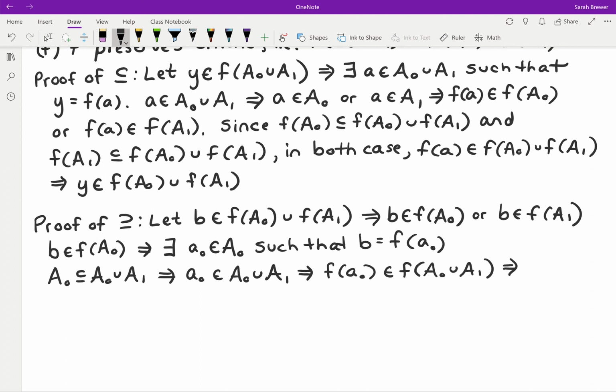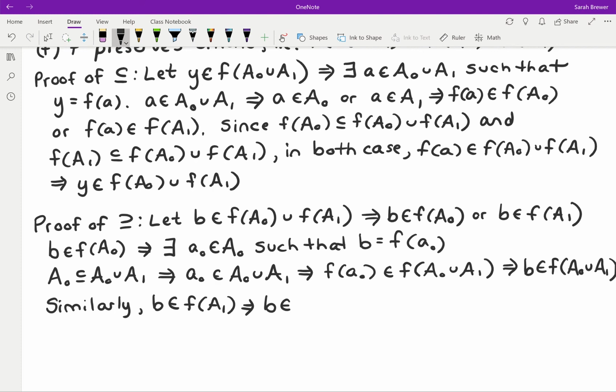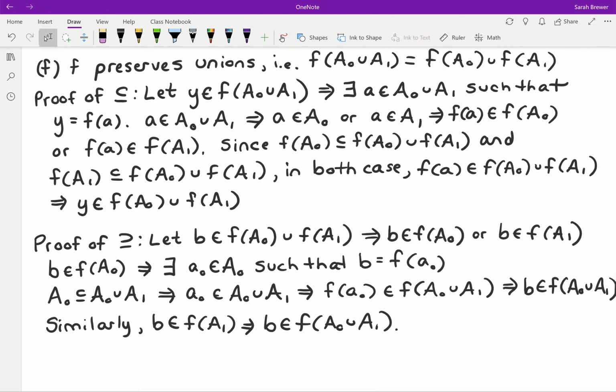But f of little a0 was b, so b also lives in the image of that union. And we can just say similarly, if b is in f of A1, that's also going to imply that b is in the image of that union, for basically the same argument as before. All right, so that's problems from number 2.